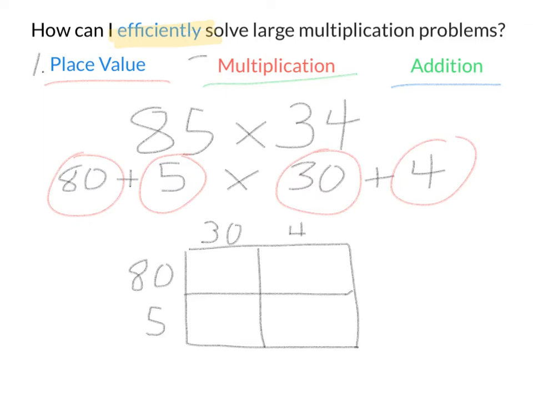Now I am on to step 2, which is multiplication. So we're going to multiply these numbers together. Now 80 times 30. That's a really huge number.